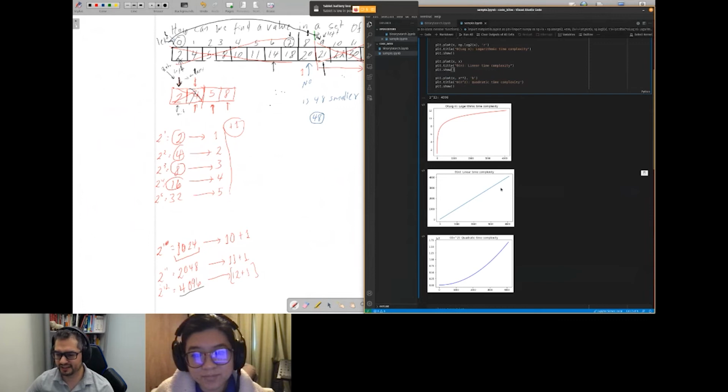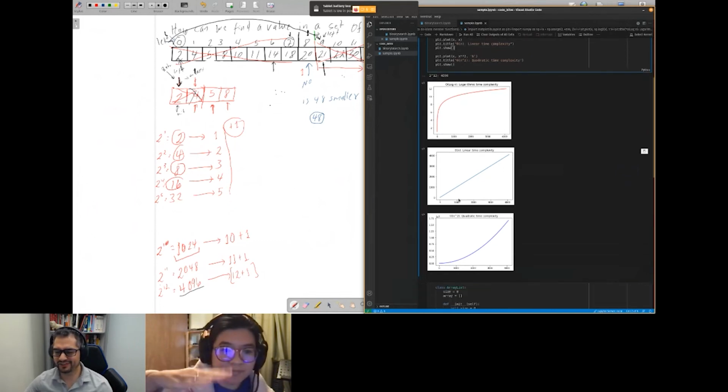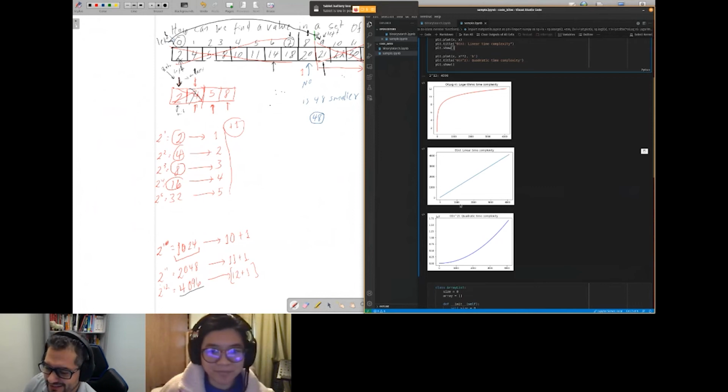It increases as the size of the set increases with the same proportion. What would you call this? The growth rate, right? Yeah, the growth rate is the same.